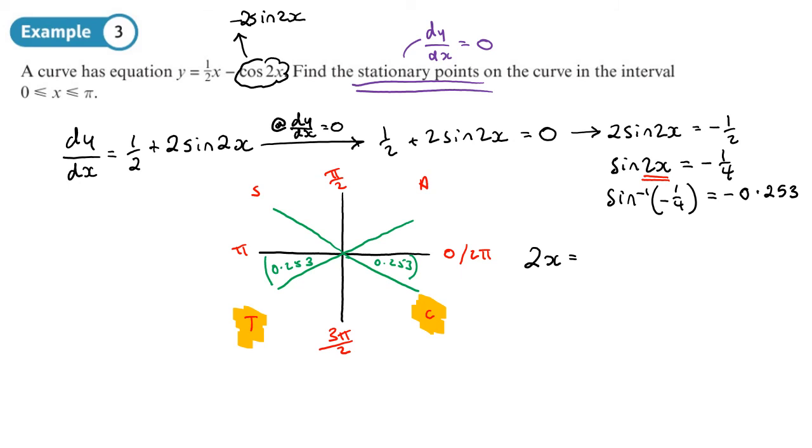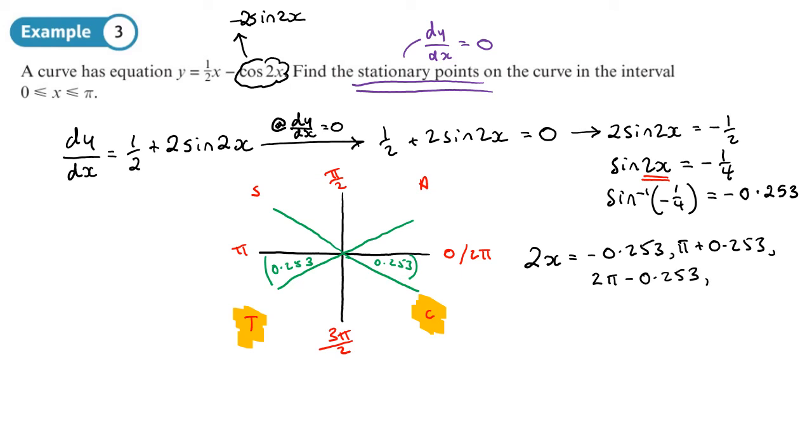So let's write down what all our values of 2x are. We have our principal solution of negative 0.253. We also have pi plus 0.253. We also have 2 pi minus 0.253.